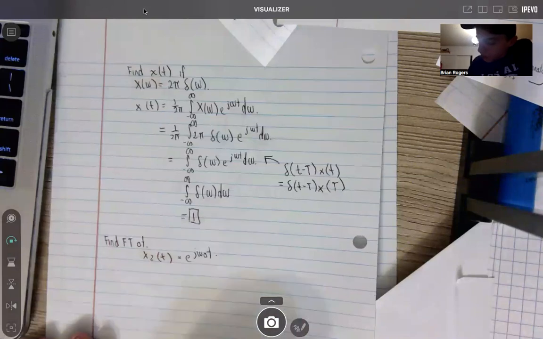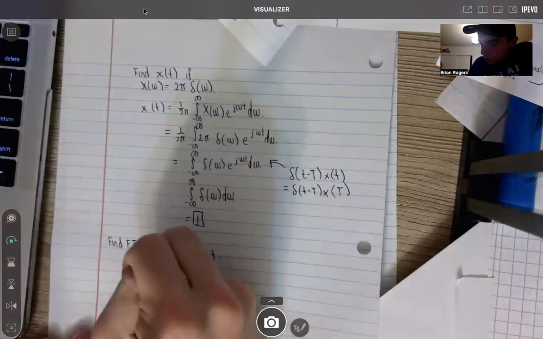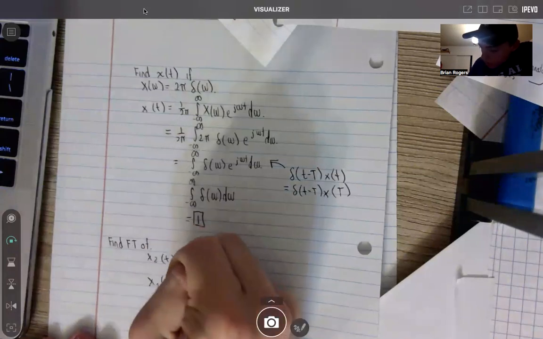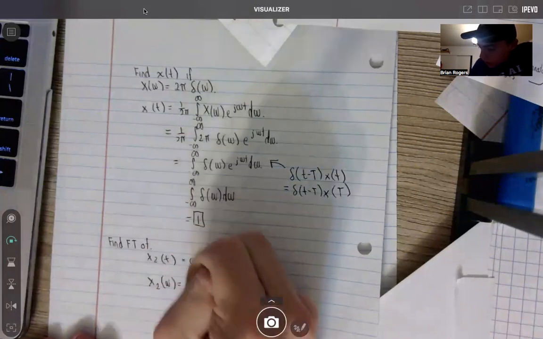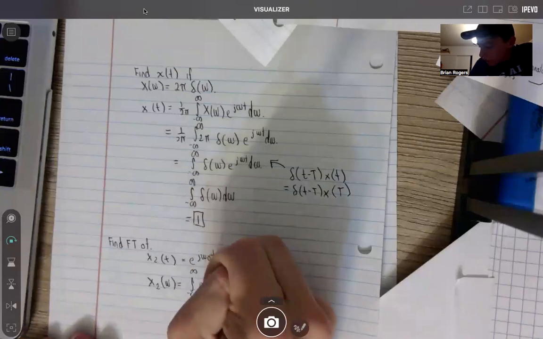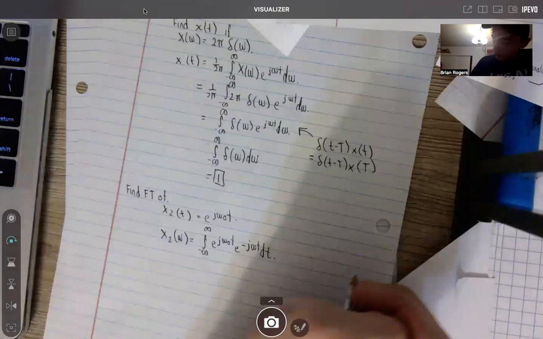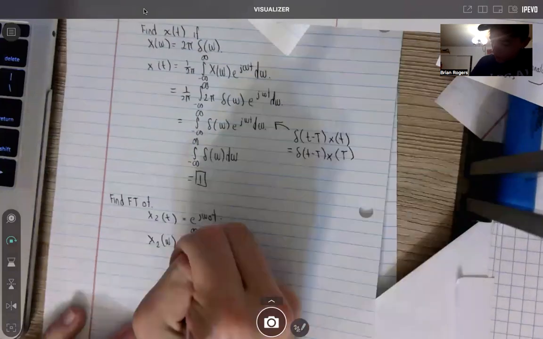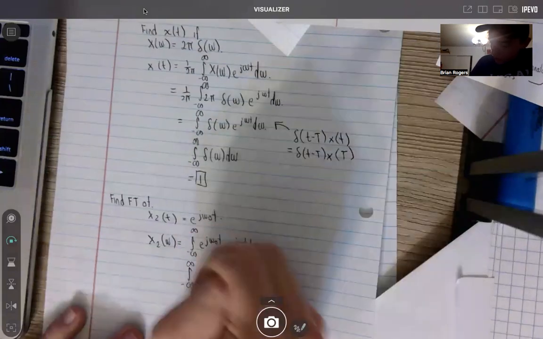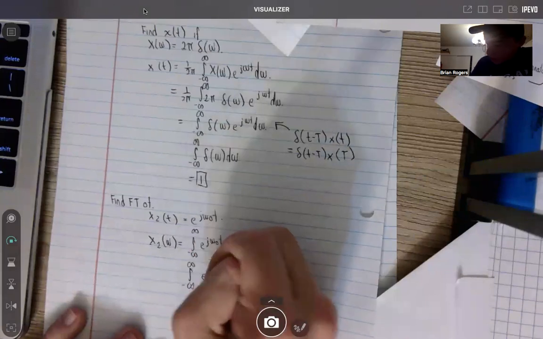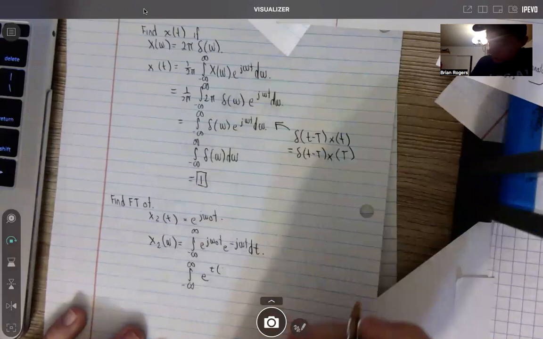Remember, our Fourier transform X of omega is equal to the integral from negative infinity to infinity of e to the j omega naught t, e to the negative j omega t dt. We can combine these, so negative infinity to infinity, then e to the t, so then that means j, what did I say?